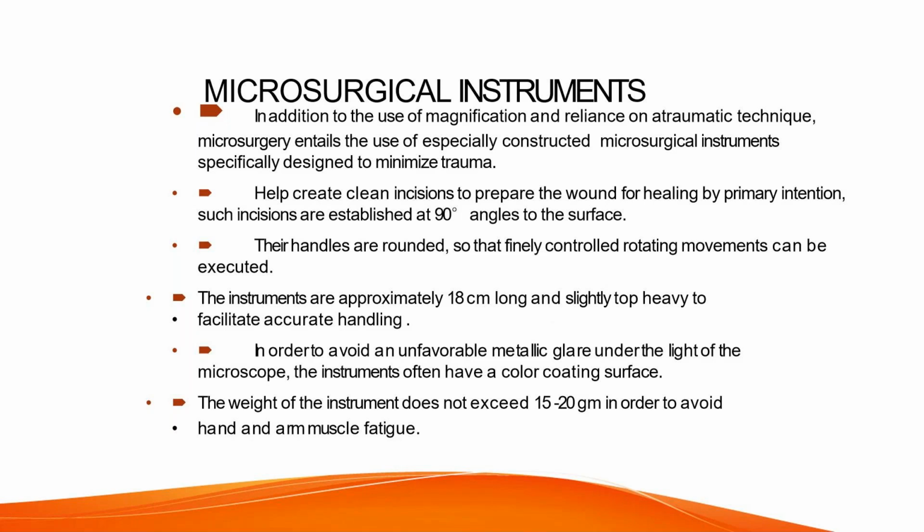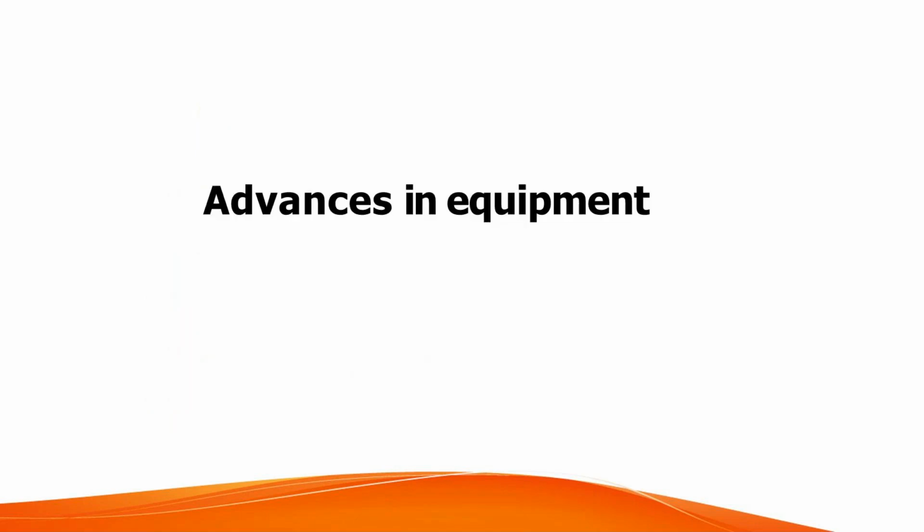So these microsurgical instruments can be used as opposed to the previous instruments for better healing. As I said, the size of the instrument is less, so the wound created would be smaller, and there is also better healing because the wound is small.